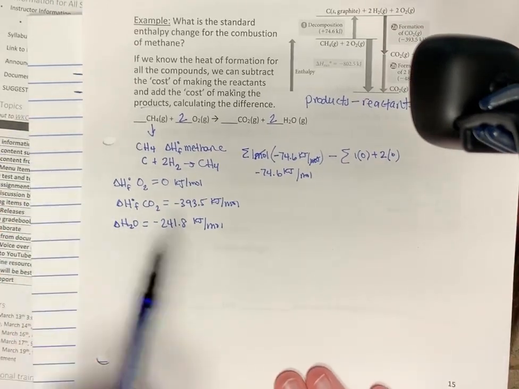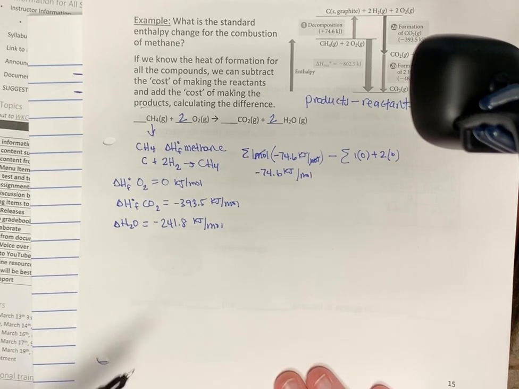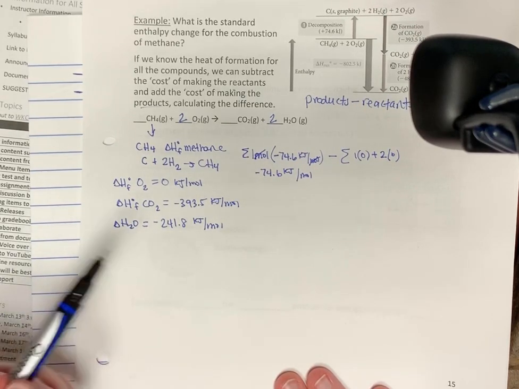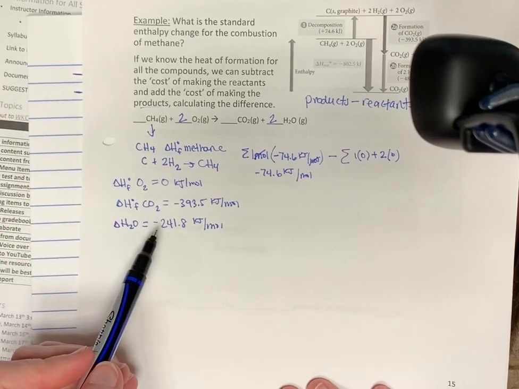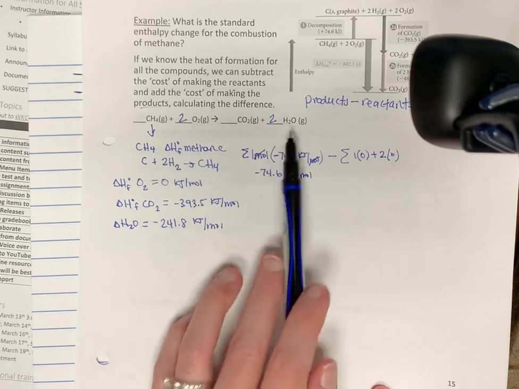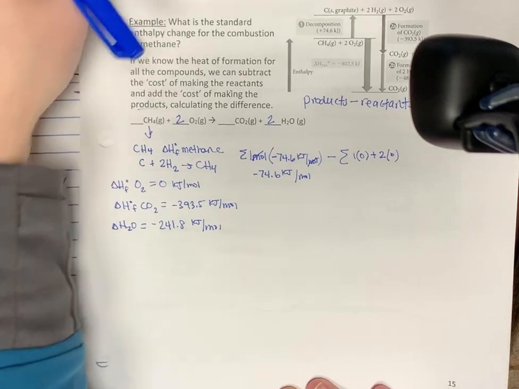Now, as you go along, you don't necessarily have to write all of this. You can just start with your summation, but this is kind of the information that you're going to need. So if it helps you to write out each of these and look on the chart and get them before you plug it in, go ahead. Otherwise, if you just want to start plugging and chugging, go right ahead.